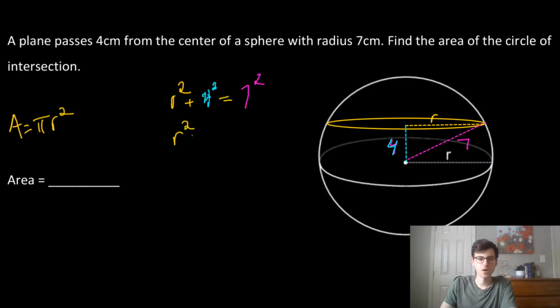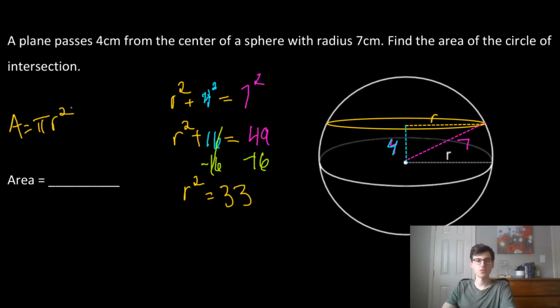So r squared plus 16 equals 49. And if we subtract 16 from both sides, that cancels out, and I'm left with r squared being equal to 33. And again, that's what I want for my formula. So the area is 33 pi centimeters squared.